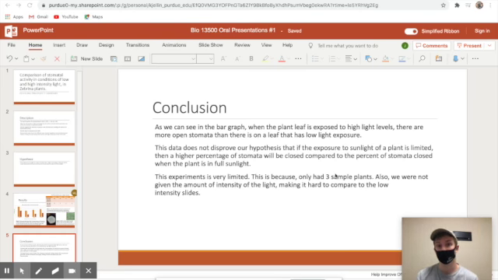They were an in-person lab, so as online students, we use their data to prove or disprove our hypothesis. This data does not disprove our hypothesis that if the exposure to sunlight of a plant is limited, then a higher percentage of stomata will be closed compared to the percentage of stomata closed when the plant is in full sunlight.